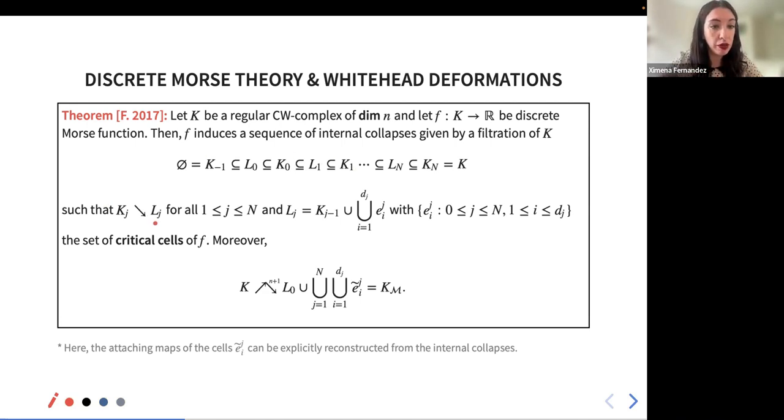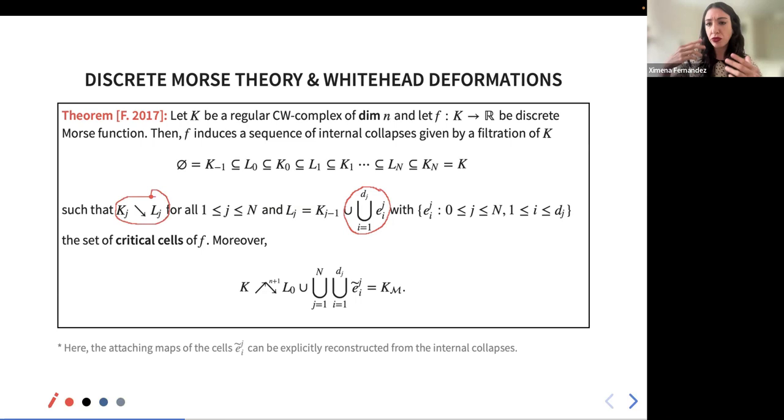Either you have collapses, or you have critical cells here, so you attach to the previous sublevel complex new cells that are the critical cells. This is the case of the critical cells, and this is the case of the non-critical cells.